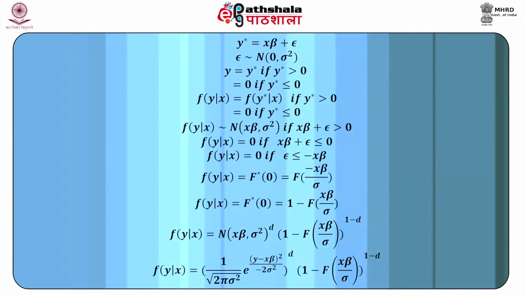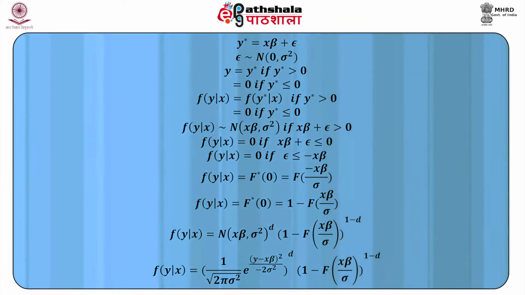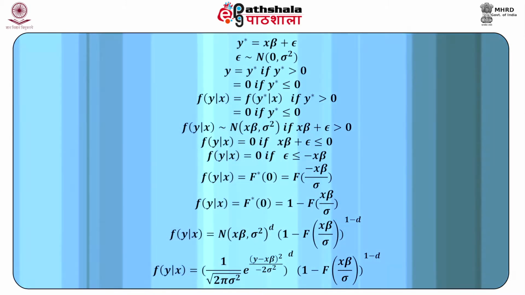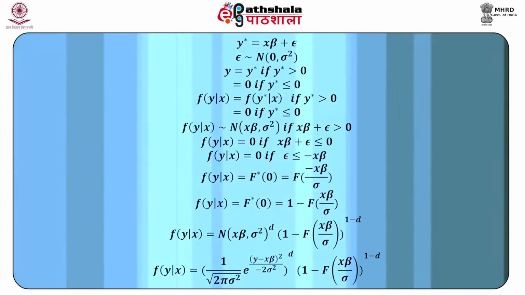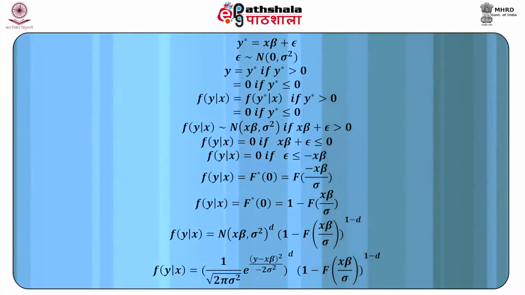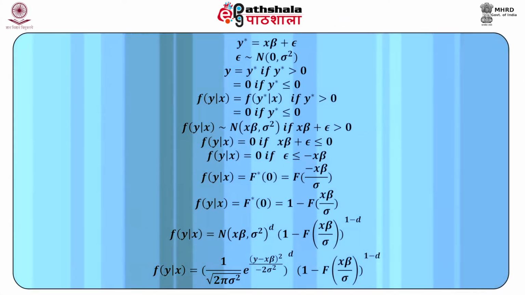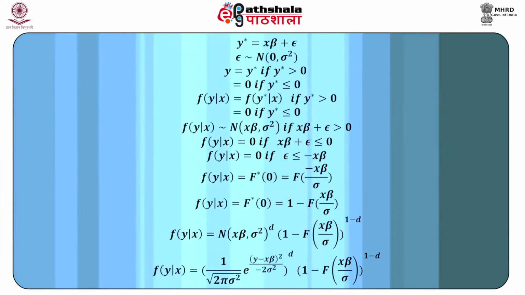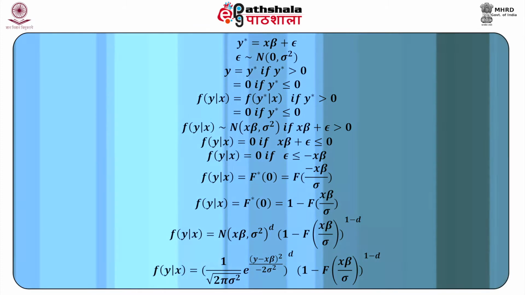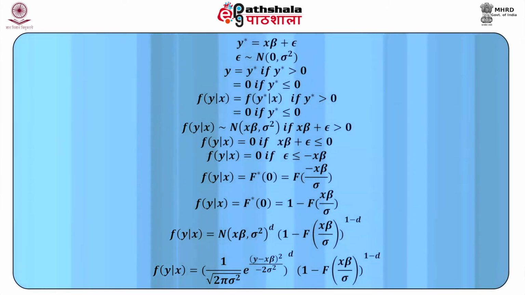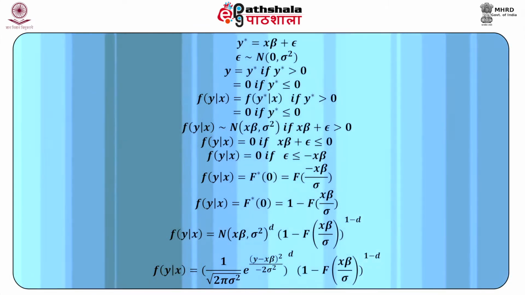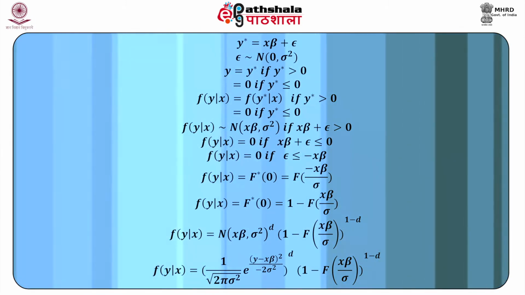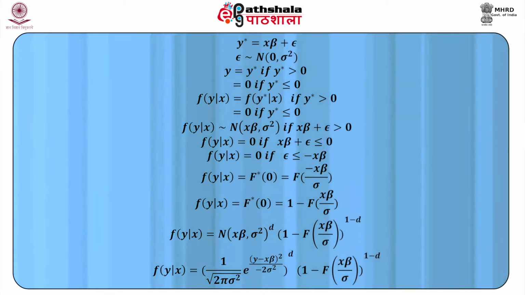We can say that the density function is equal to 0 if epsilon is less than or equal to minus x beta, which means we have taken x beta to the other side with a negative sign. So on simplification, this density function is now equal to f star of 0 and is equal to f of minus x beta upon sigma.